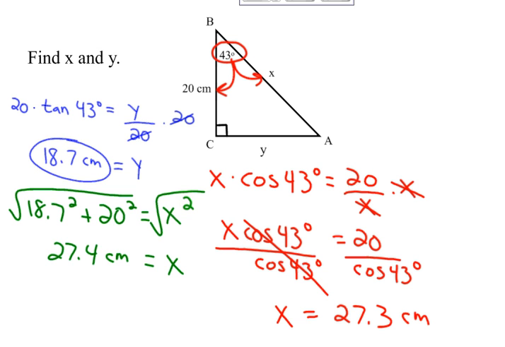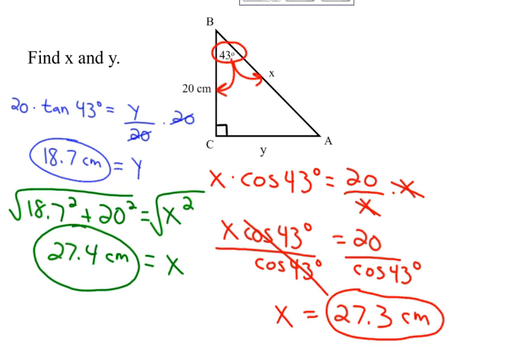Now, one important thing to point out, notice that over here we had 27.4 centimeters, but over here the rounding was just a little bit different. It gave us 27.3 centimeters. That's because when we used the Pythagorean theorem, the 18.7 that we were using was a rounded number, so it was an approximation. So our answer of 27.4 is just a little bit of an approximation itself.